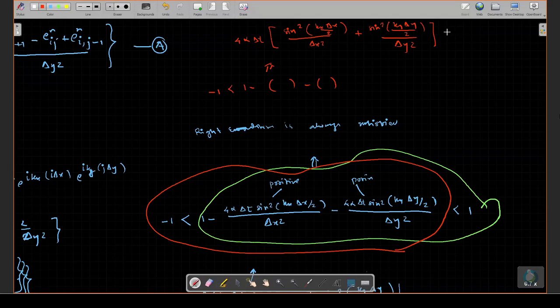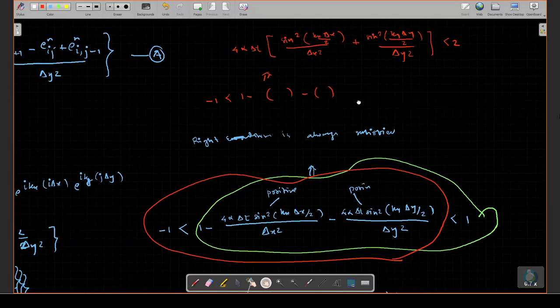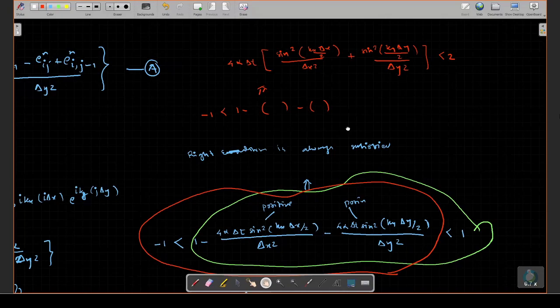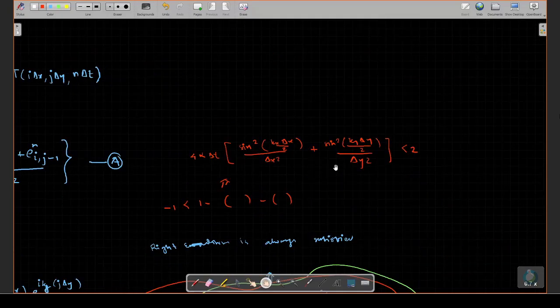The minus signs go over, so the 2 moves across, and then you can make it less than 2. So this whole thing should be less than 2. Now from this we have to get the condition, so after this simplification we have to get the condition.